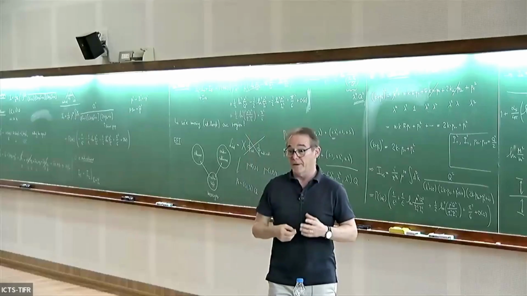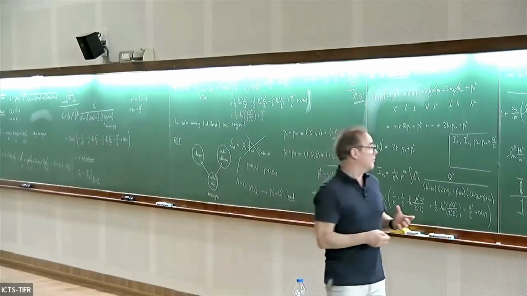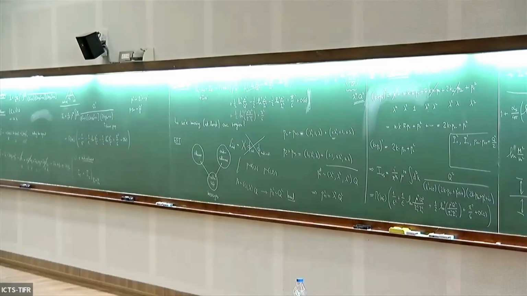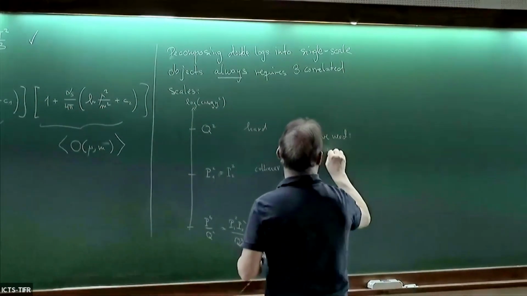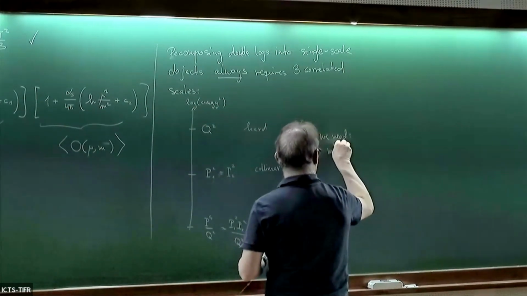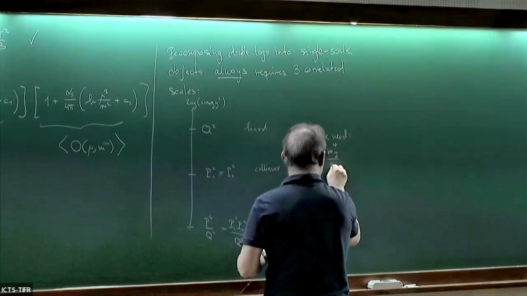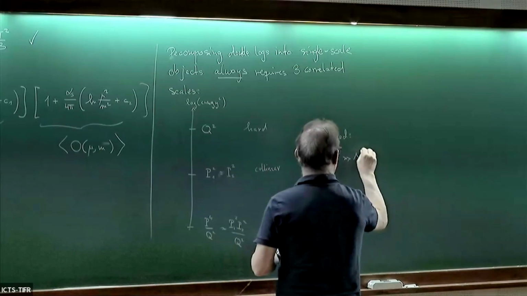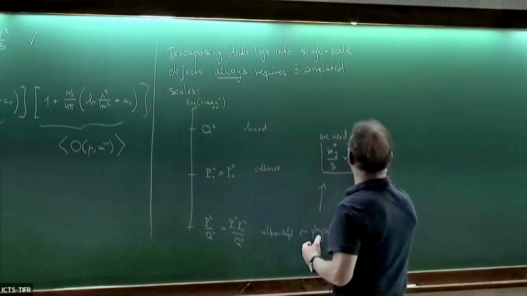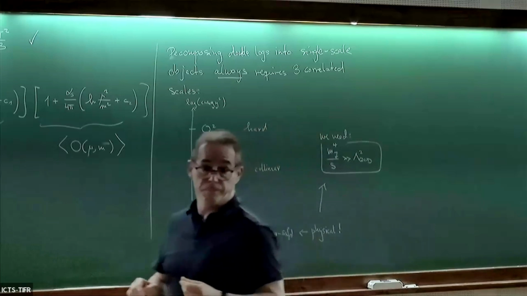But that's not enough. You must have the condition that mj to the 4 over root s is much, much bigger than lambda QCD squared for the process to be perturbatively calculable.